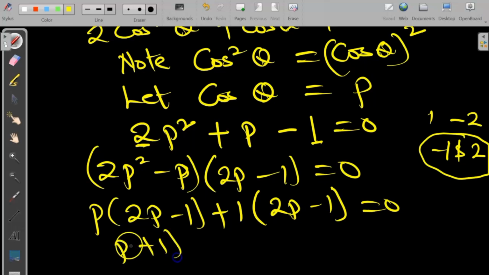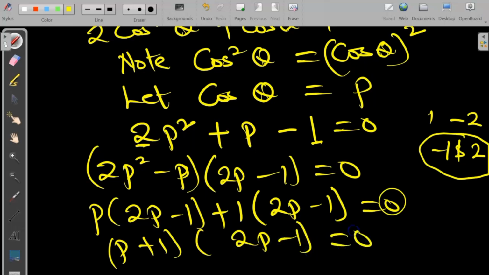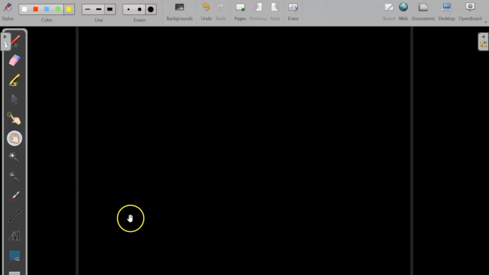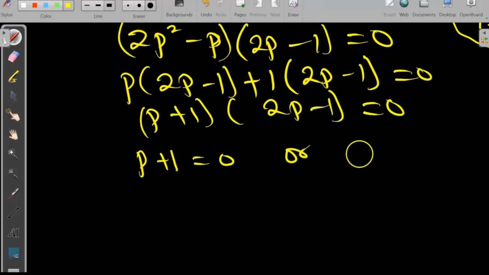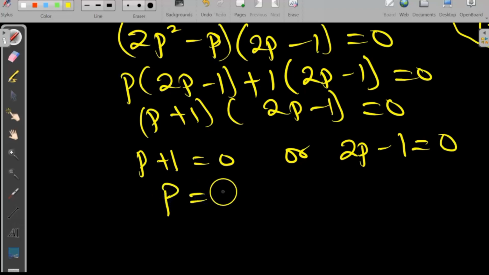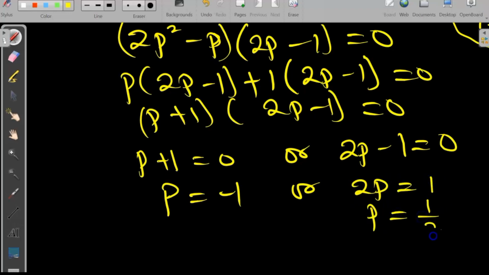Therefore, p plus 1 times 2p minus 1 is equal to 0. So p plus 1 is equal to 0, or 2p minus 1 is equal to 0. So p is equal to negative 1, or p is equal to 1 over 2.